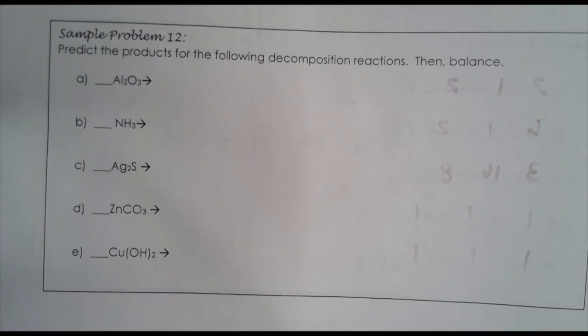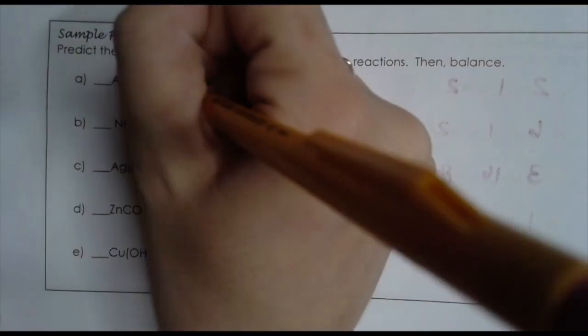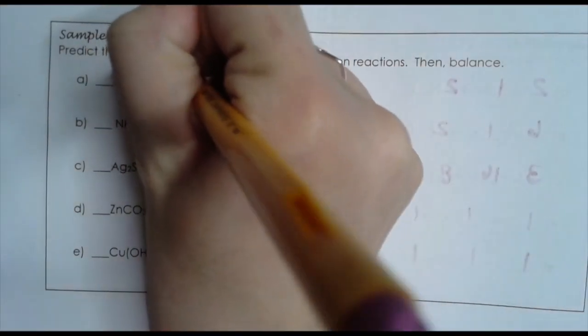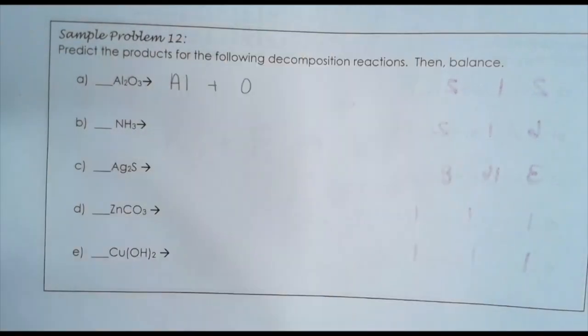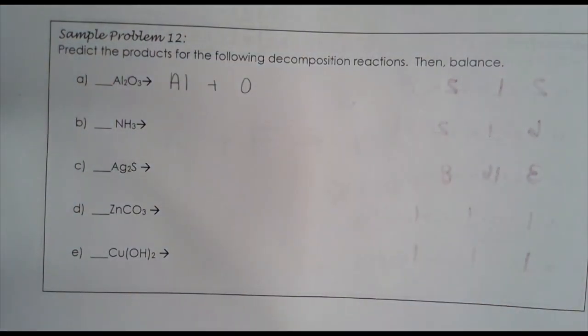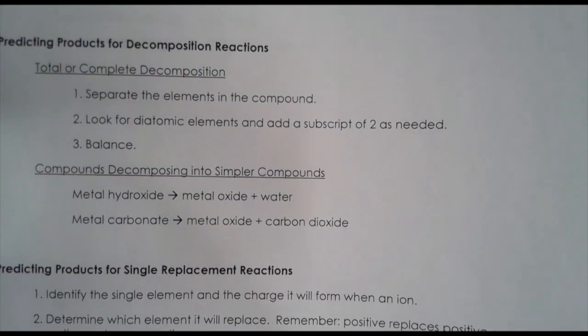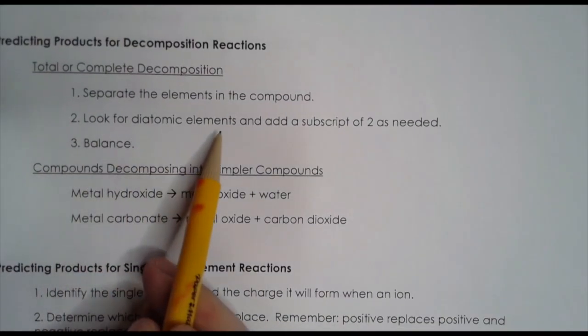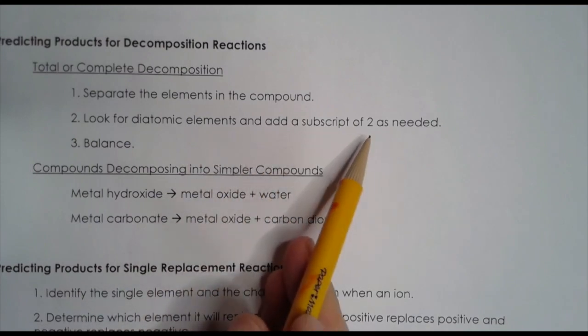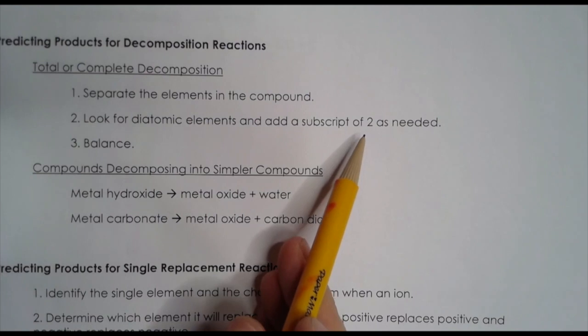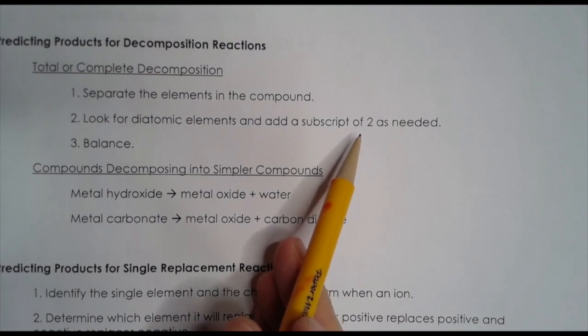For A, I have aluminum oxide. And of course, we have no option but to separate aluminum from oxygen. So step 1 is now done. Step 2 says, look for diatomic elements and add a subscript of 2 as needed. You also should check for phosphorus, which comes in groups of 4, and you should check for sulfur, which comes in groups of 8.